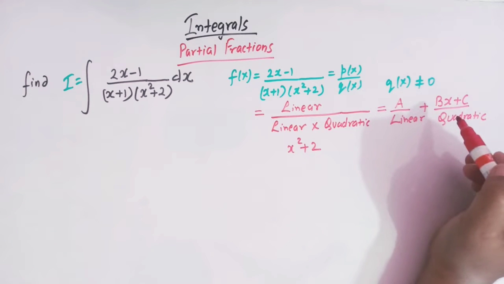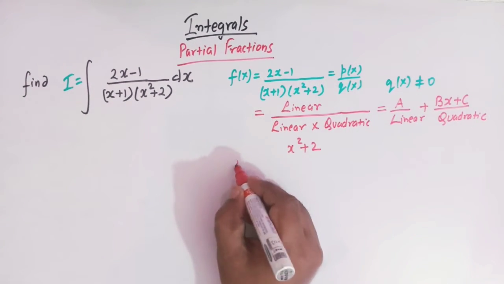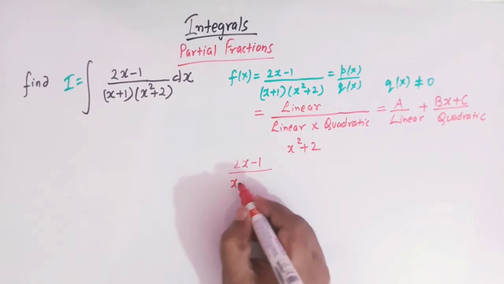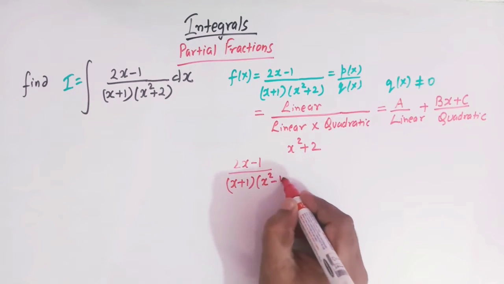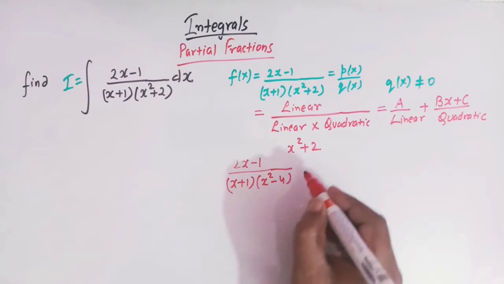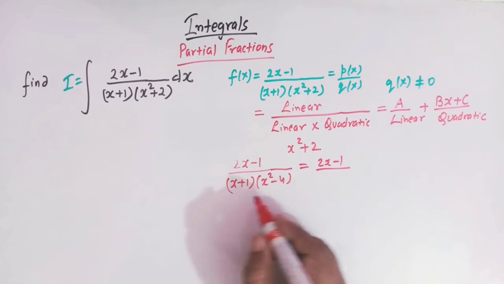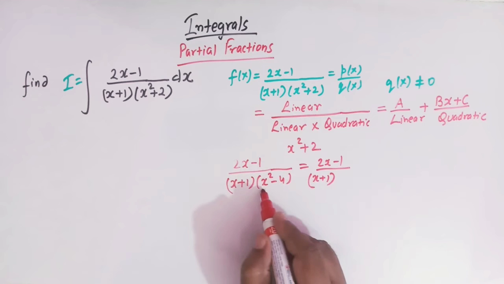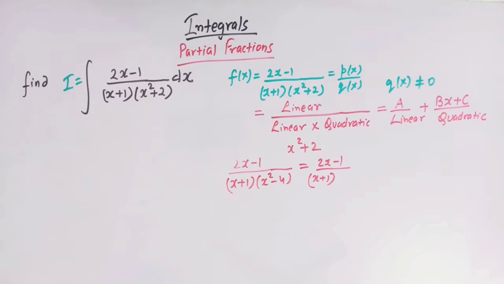in the numerator. Suppose instead of x square plus 2, we had a rational function like this: (2x minus 1) over (x plus 1) times (x square minus 4). In this case, we will factorize this quadratic polynomial in terms of linear factors.